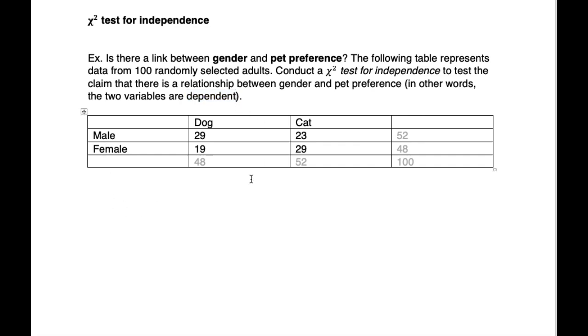So here you see the table, and we have two categorical variables. We have gender, which is broken up into male or female, and then we have pet type, so dog or cat. From the table, for the individuals who identified as male, and there were 52 of them, 29 said they preferred dogs given this choice, and 23 preferred cats.